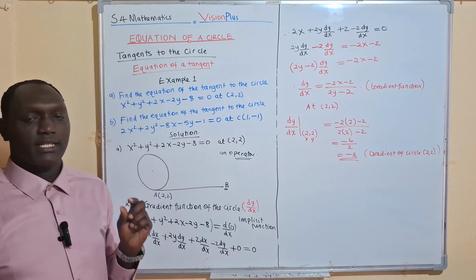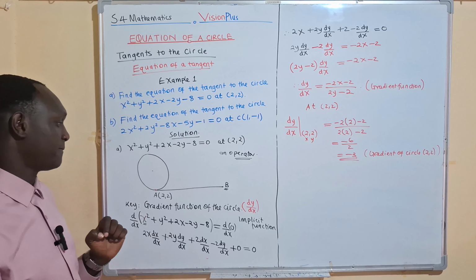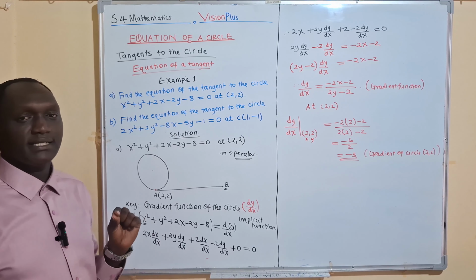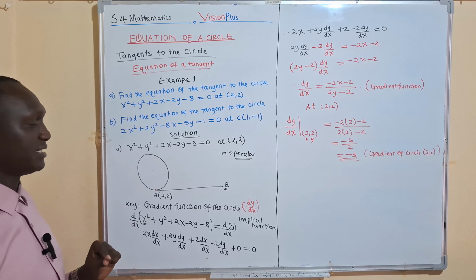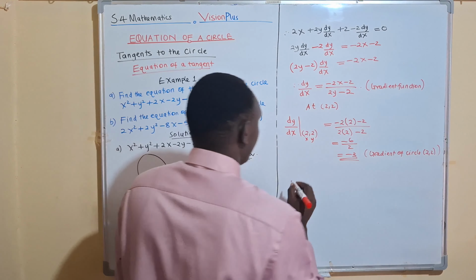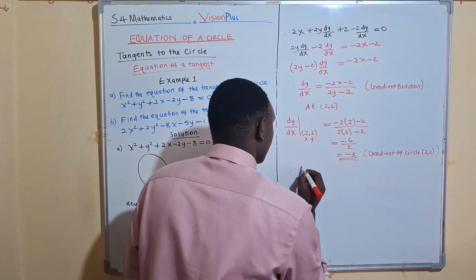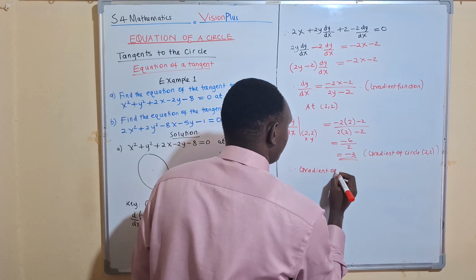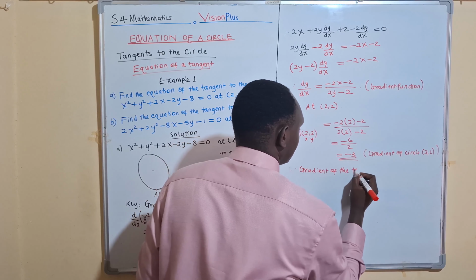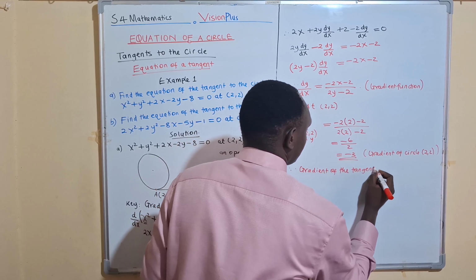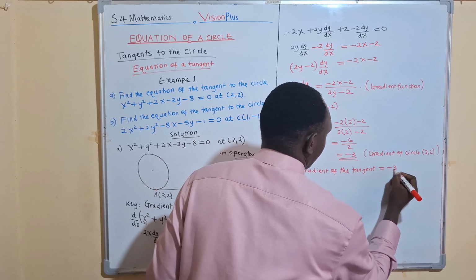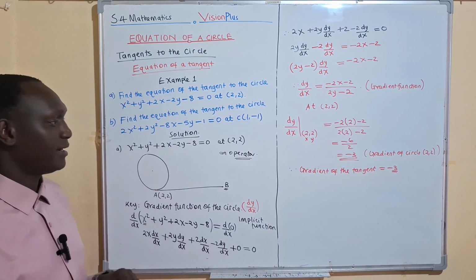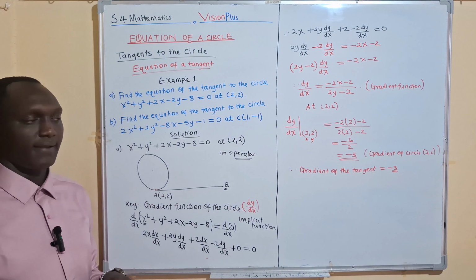Okay, so at the point of tangency, the gradient of the circle is the same as the gradient of the tangent. Therefore, the gradient of the tangent is also negative 3.